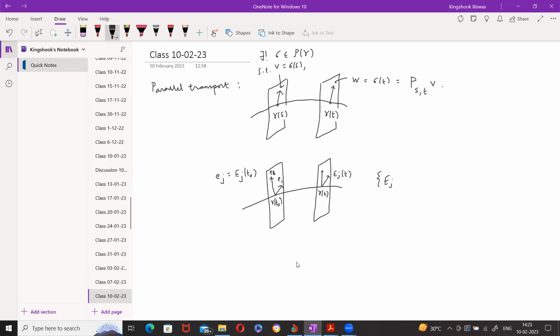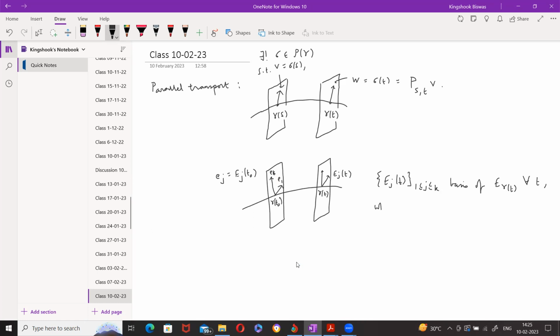So E_j of t, j between 1 and k, is a basis of the fiber at gamma t, for all t.